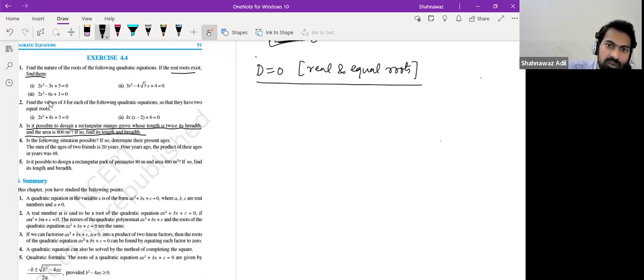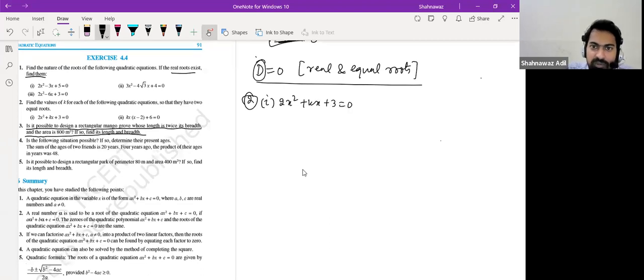So let's do this second question. We have to find this k only. 2x square plus kx plus 3 equals to 0. What is a, Adil? 2. And b is k, and c is 3.